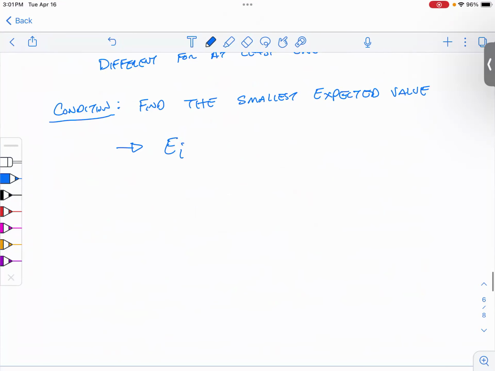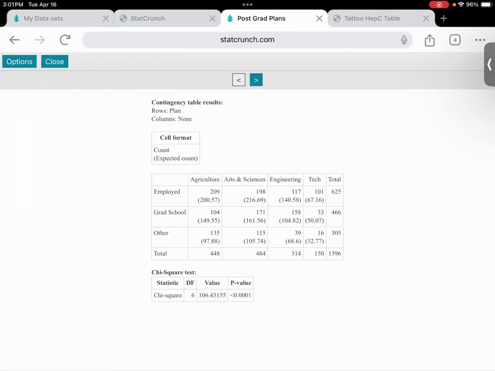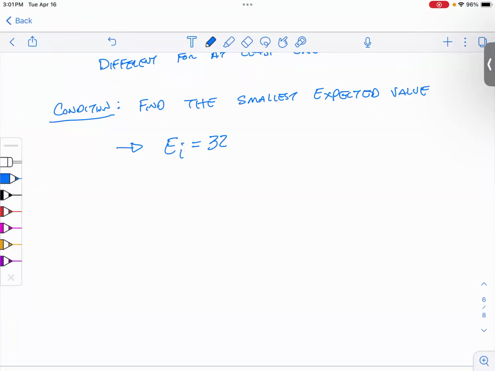So the smallest one is, I already forgot what the number was, 32.77, which is greater than or equal to 5. The condition is met.